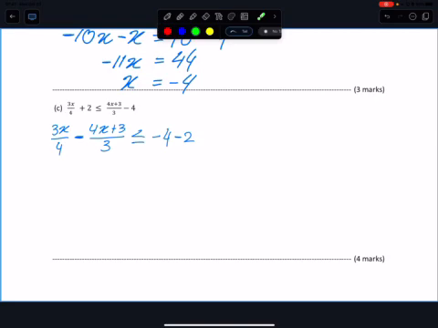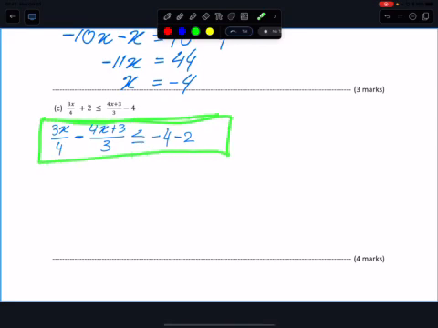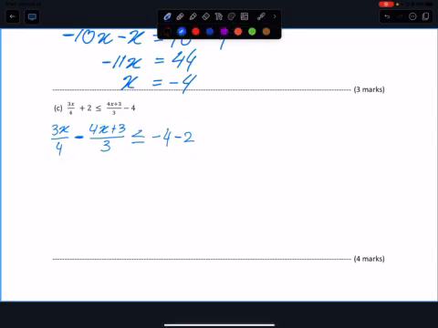So what do I need to do with that 12? You multiply everything with that lowest common multiple, which is 12. So 12 times 3, 36x. 12 times 4x, 48x. 12 times 3, 36x.